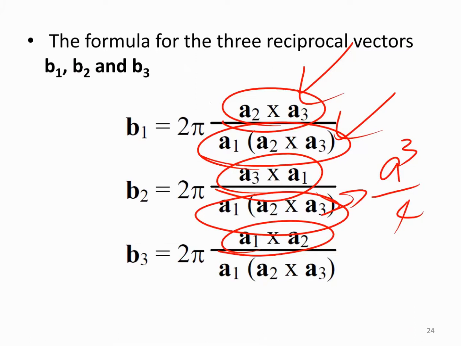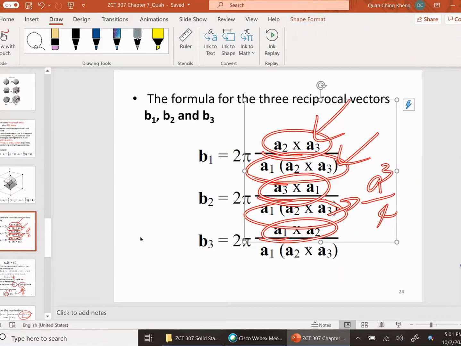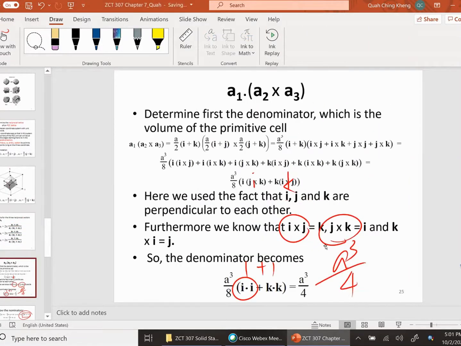So now, this is the formula for the 3 reciprocal vectors b1, b2, b3.